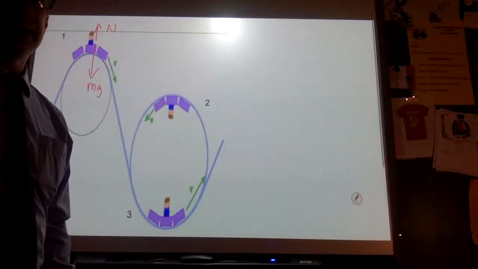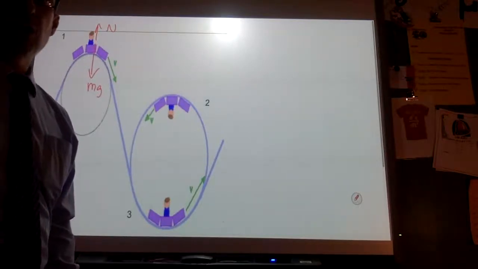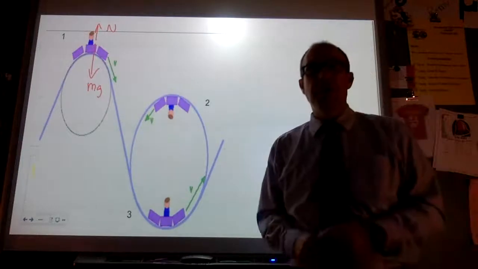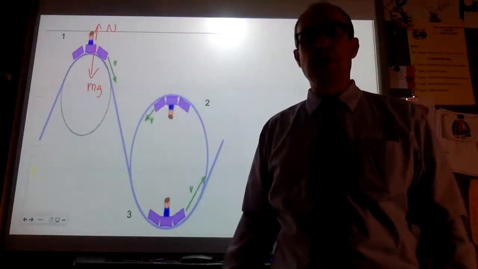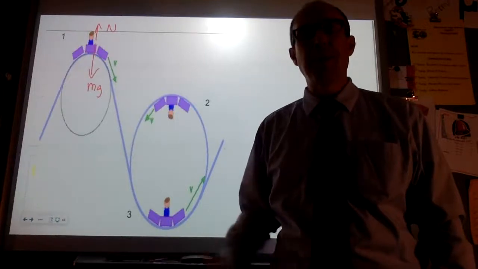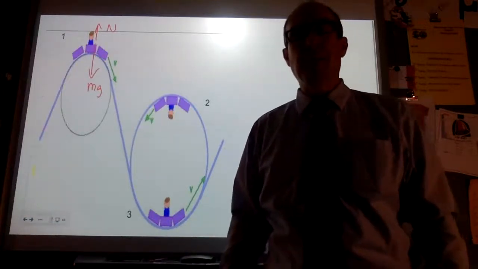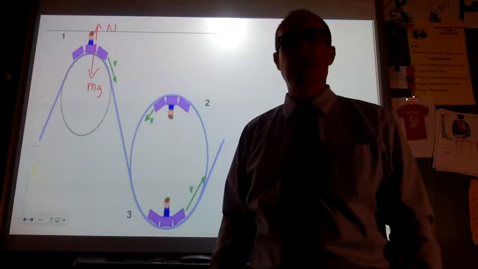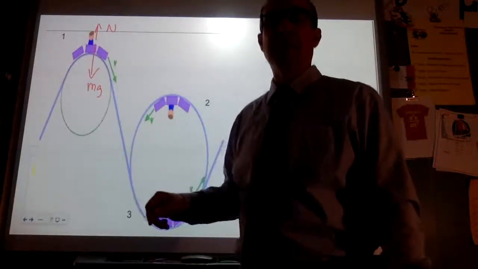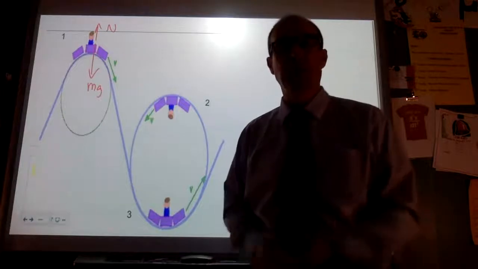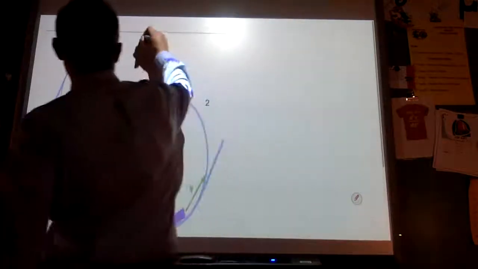Mg is necessary, n isn't. So roller coaster people realize this in circular motion, that you can get it going over a hump just fast enough where the normal force will disappear. It's going to be a specific speed. You've probably felt this if you've ever been on a roller coaster or been driving in Amish country, you go over a hill, you feel like you're lifting out of your seat. That's your normal disappearing.